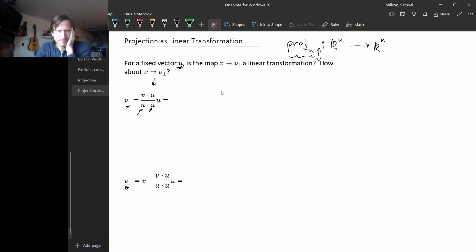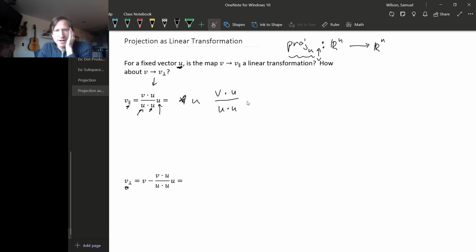So let's see if it's linear by trying to come up with a matrix for it. This u right here is just some vector, and it's a fixed vector, right? The only variable in this formula is v. So let's move the u over to here, just because, well, you'll see why in a minute. v dot u over u dot u.